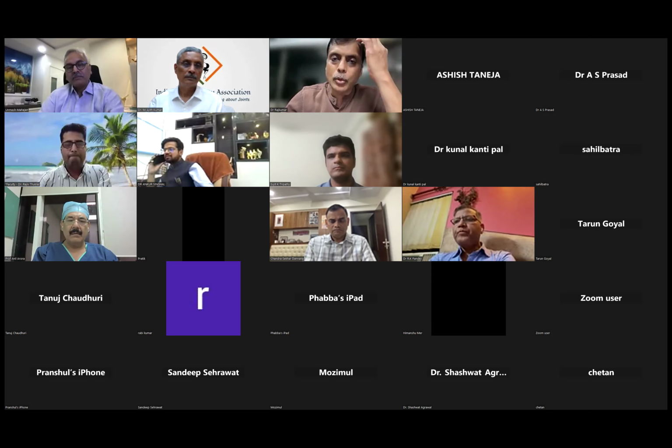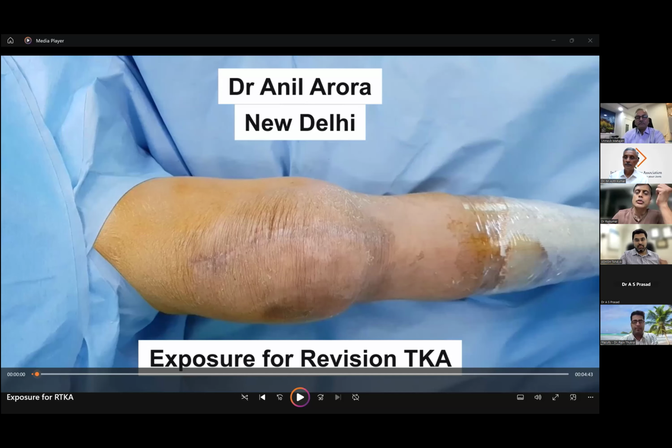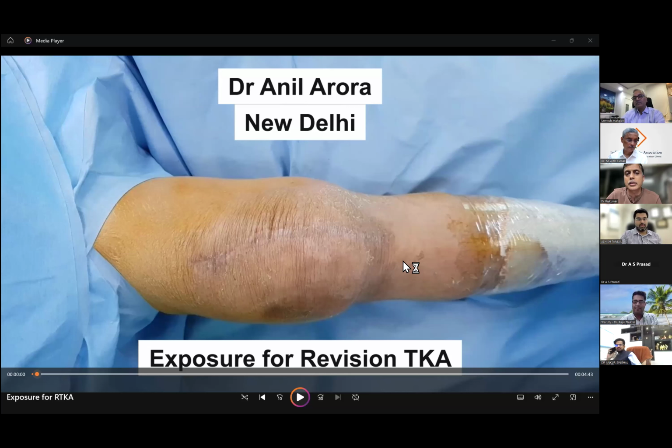If that count is more than 3,000 and the CRP is positive, then it has significance. More than 3,000 and a positive CRP, then it is significant. But the ESR role is definitely not that reliable.